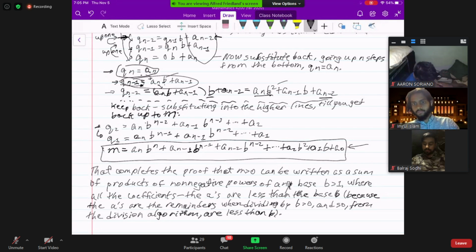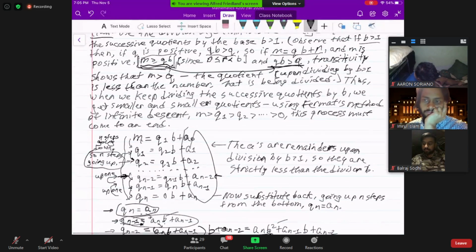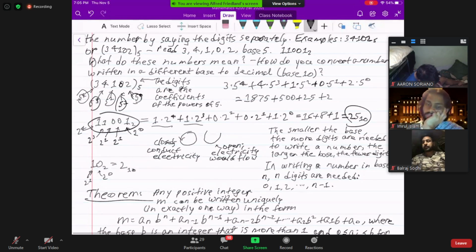So this proof not only proves that we can write any number in base B, but it also gives us a way of changing the bases. And so we'll conclude today by taking a look at how we can, well, we already saw how we can convert a number like up here, base 2, base 5, from a different base into base 10. You just write what it means.